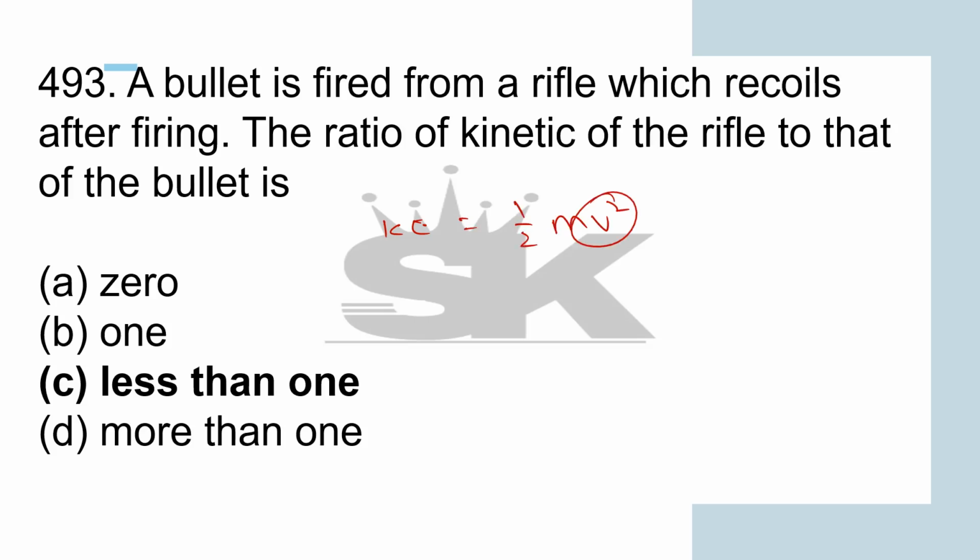So the velocity of the bullet is more compared to the recoiling rifle. Here they asked to compare the ratio of the rifle to the bullet, so KE of rifle by KE of bullet. In the denominator, the value is more, so comparatively the total value is less than 1.